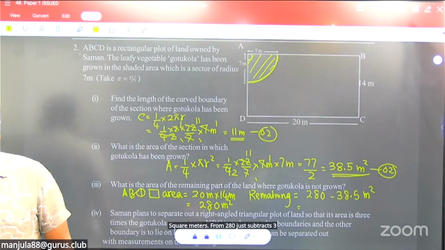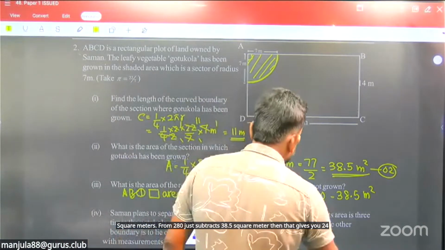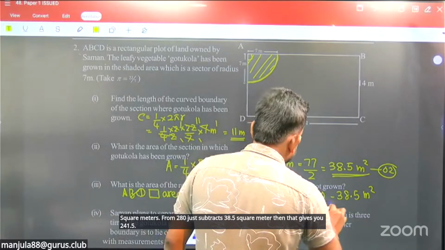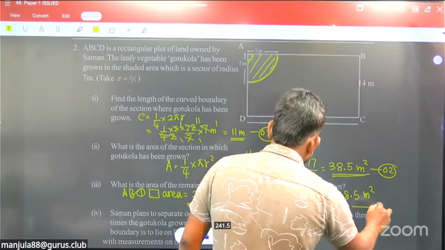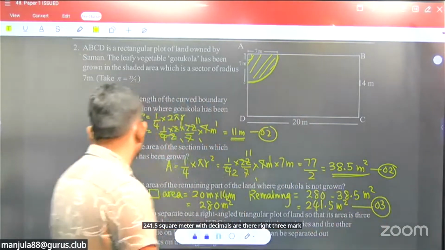Then that gives you 241.5 square meters. With decimals there, right? 3 marks there.